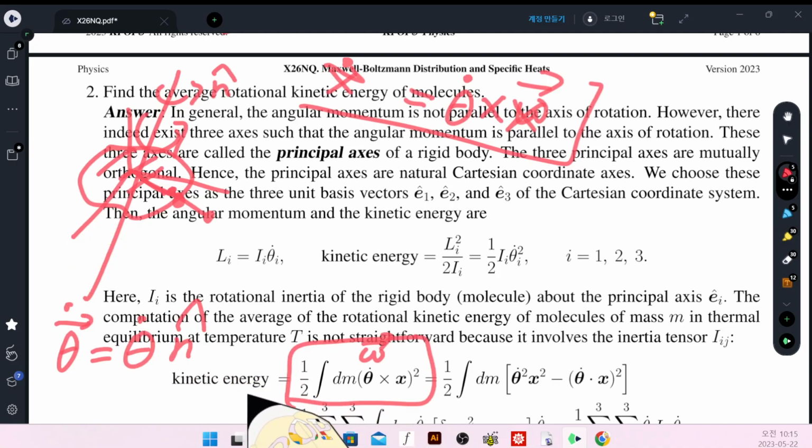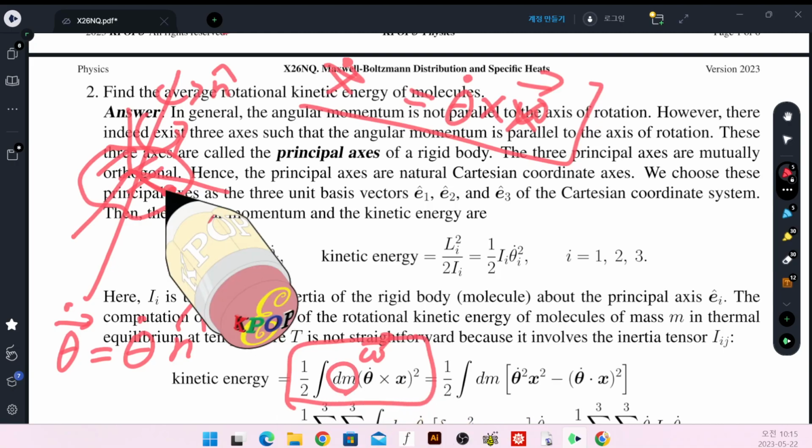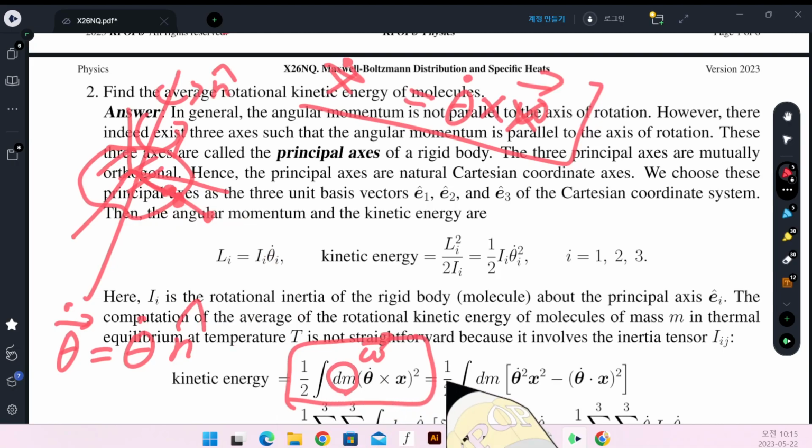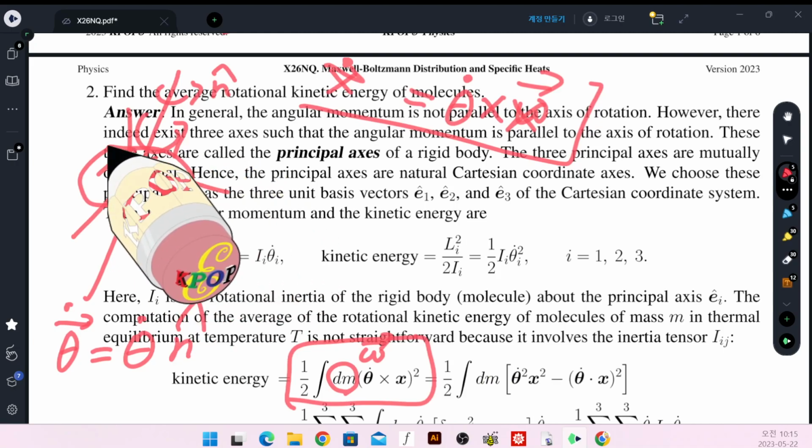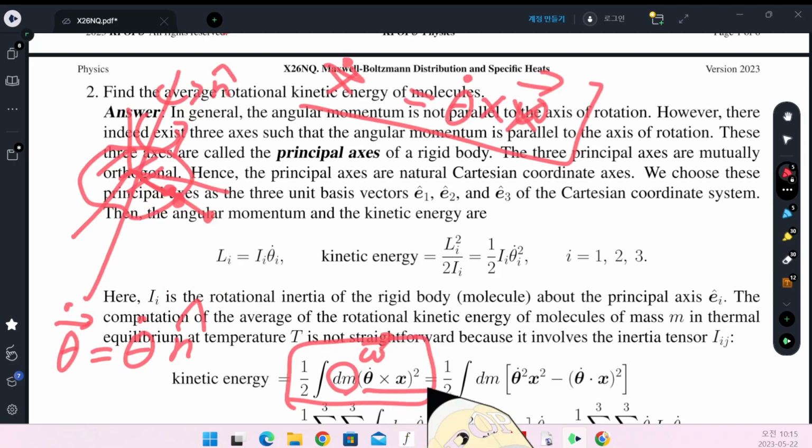Kinetic energy is then 1/2 mv squared, where dm is the mass of a small part, integrated over the whole volume containing the rigid body. We know the cross product is proportional to sine theta between the two vectors. Sine squared theta is always expressed as 1 minus cosine squared theta.